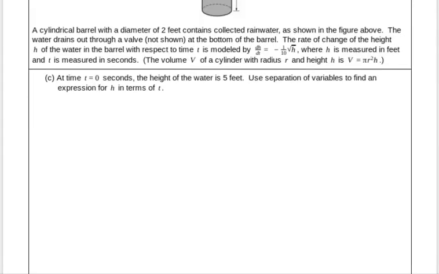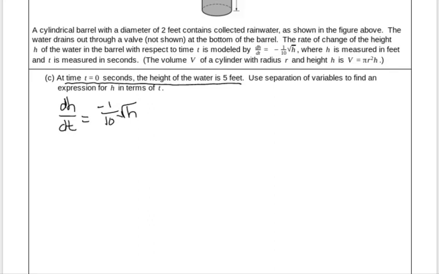Now we've got the time t equals 0, the height of the water is 5. Use separation of variables to find an expression for h in terms of t. So we're going to go ahead and start out with dH dt is equal to negative 1 over 10 times the square root of h.